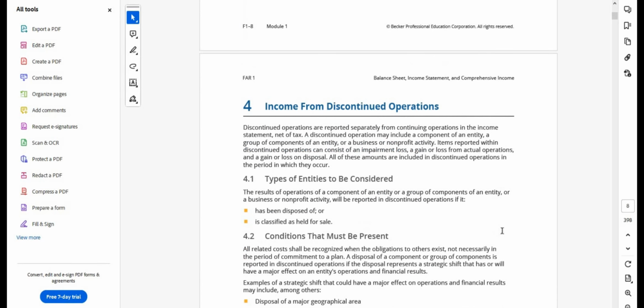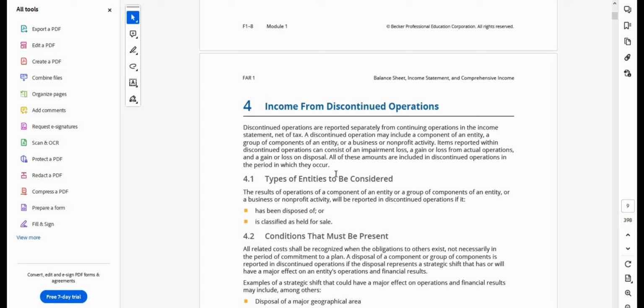Alright, so moving forward to income from discontinuing operation. There are two things which we need to show in our balance sheet and profit and loss, that is income from continuing operation and income from discontinuing operation. Discontinuing operations are reported separately from continuing operations in the income statement, net of tax.